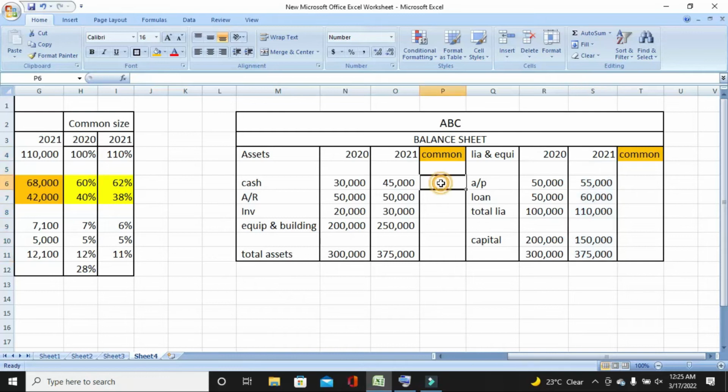So here the first figure is cash. How will we calculate horizontal analysis of cash? We will just divide the current year figure with the base year figure. So if we see the cash, it is a 150% increase in our cash figure.